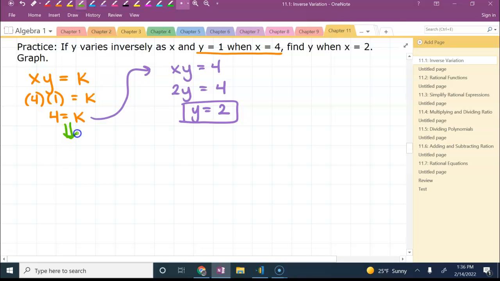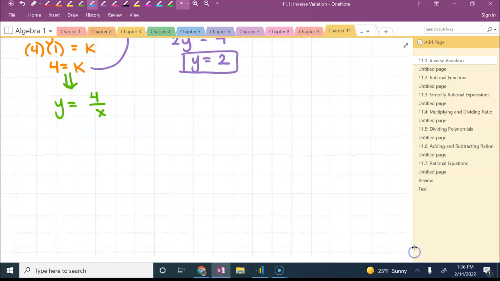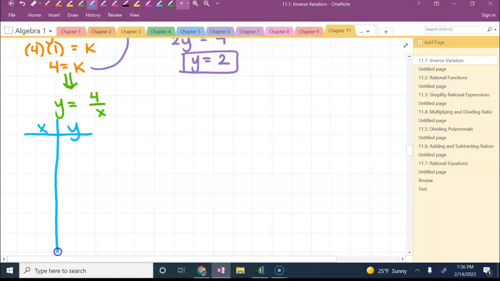Using this right here, we can write our inverse equation to be y equals 4 over x. Then we can create our xy chart. I'm going to put 0 in the middle, and negative 2 down to negative 1/2, positive 1/2 to positive 2. When you did this, you should have gotten negative 2, negative 4, negative 8. Can't define anything here at 0, then 8, 4, and 2.